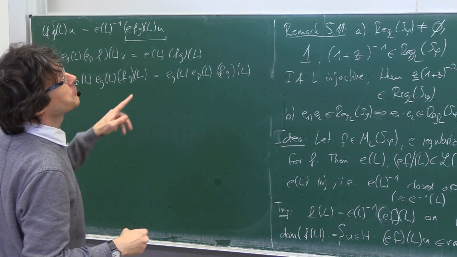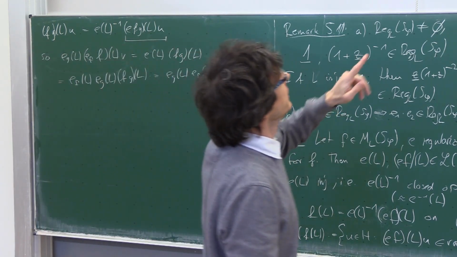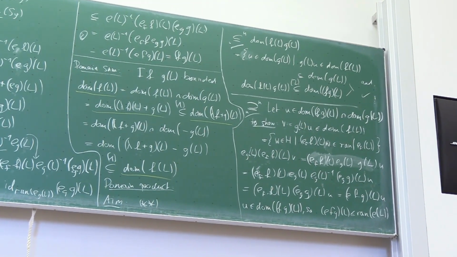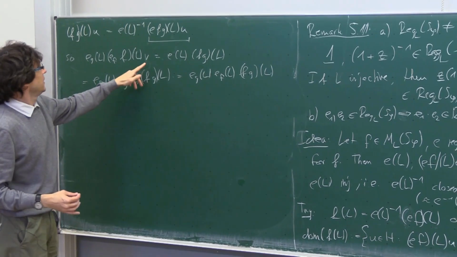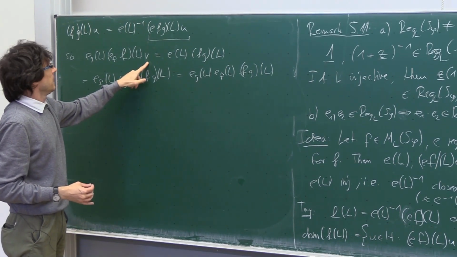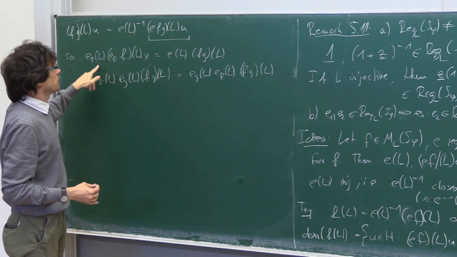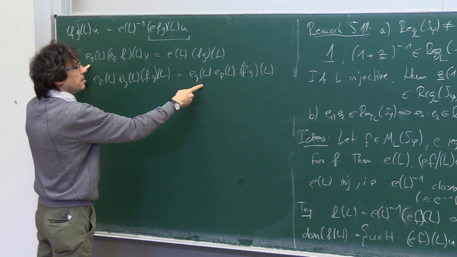Because what we want to show is that G of L U is in some set. And where's G of L U here? G of L U is this V. But what we have here is an equality. There's a U missing.